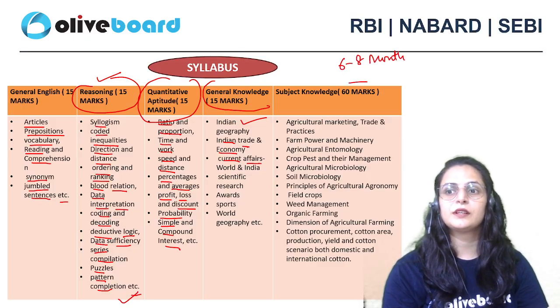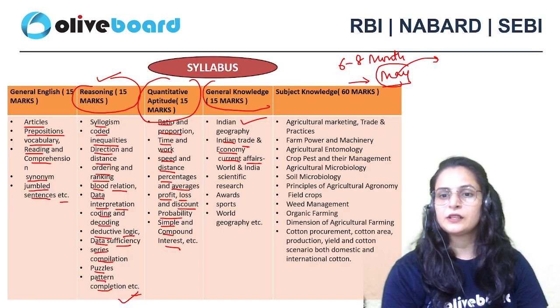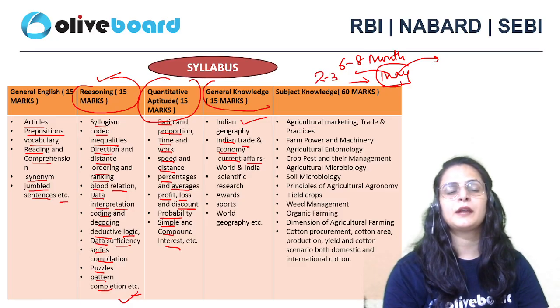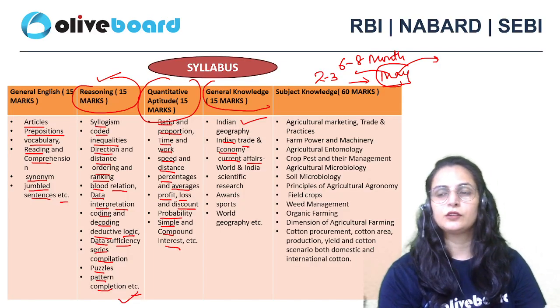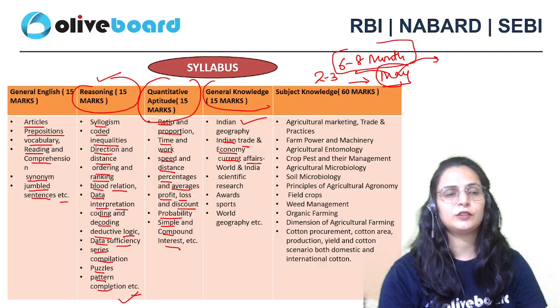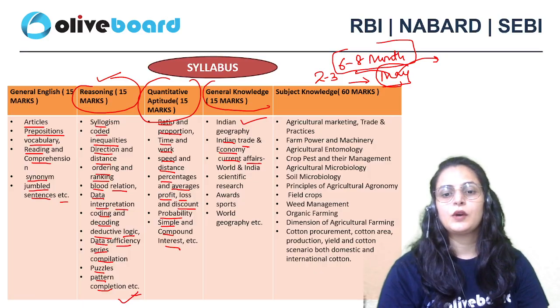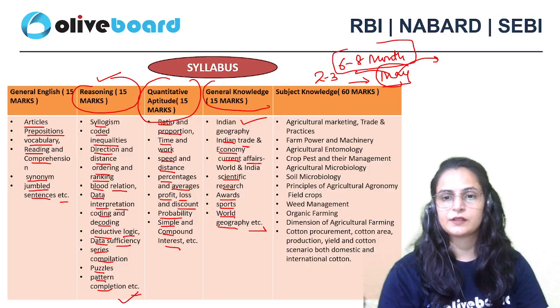If the notification is released in the month of May, I would prefer that you start current affairs from May, and also cover the last 2-3 months, as the exam date is not clear to us now. Even if your exam happens after 1-2 months, you will still need 6 to 8 months of current affairs, right. World and India scientific research, awards, sports, world geography, etc. So under the general knowledge portion, you have to cover all those things.